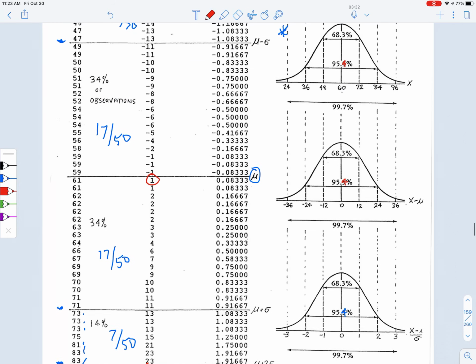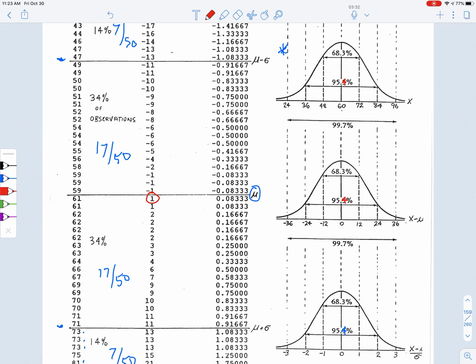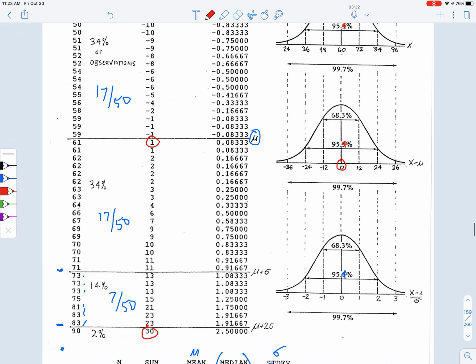So what we've done here is we've taken the whole distribution and we've just shifted it to the left on a number line so that it's no longer centered on 60, it's centered on 0. So this middle picture is what we've got here.